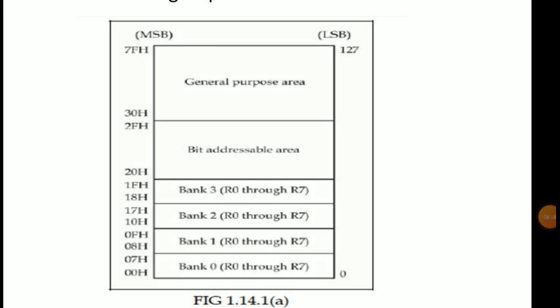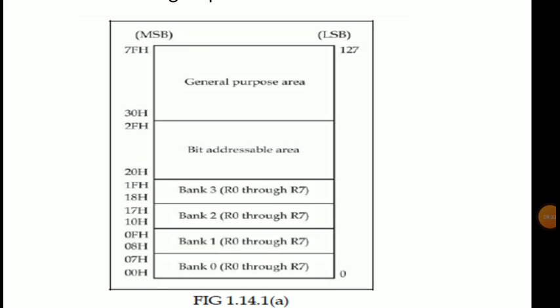Then afterwards bank 1. Bank 1 will also have 8 registers, R0 to R7, and the address is from 08 to 0FH. 0FH means 15, so 8 to 15, we have 8 addresses assigned to each register of bank 1. Like that, bank 2 will have 10H to 17H, and bank 3 having 18H to 1FH.